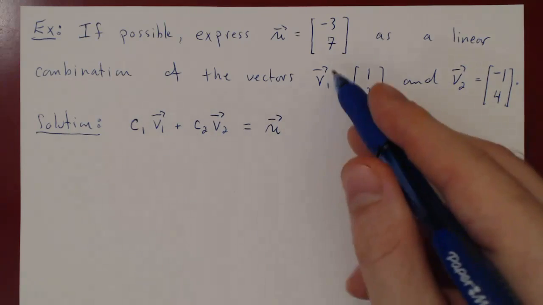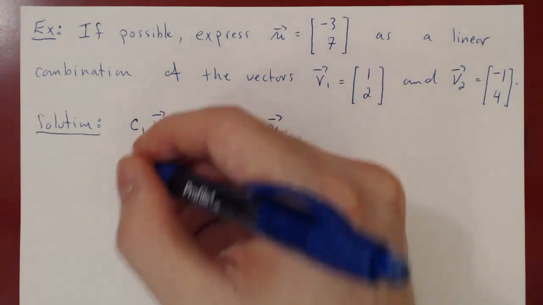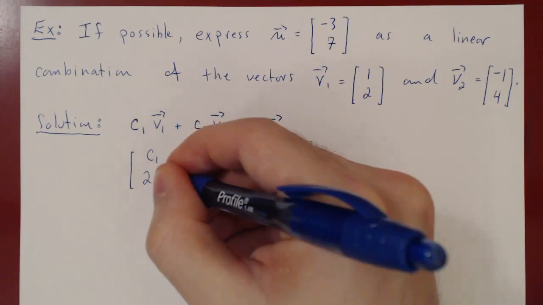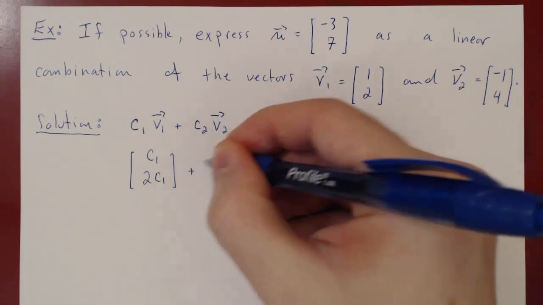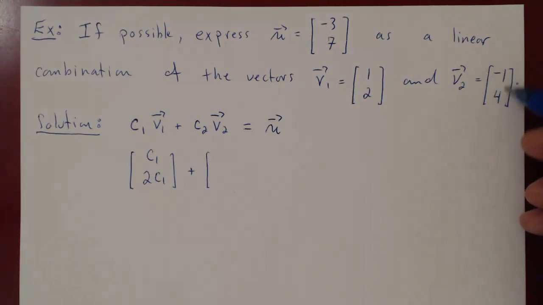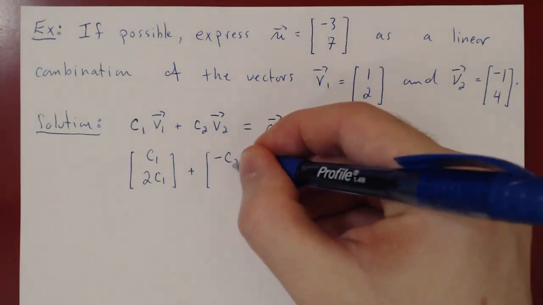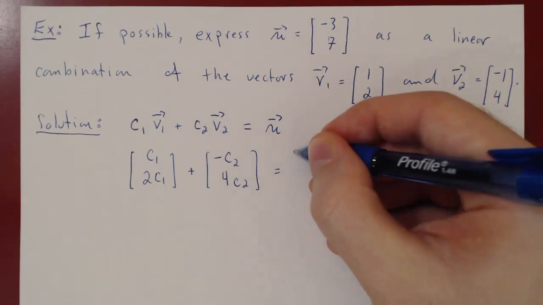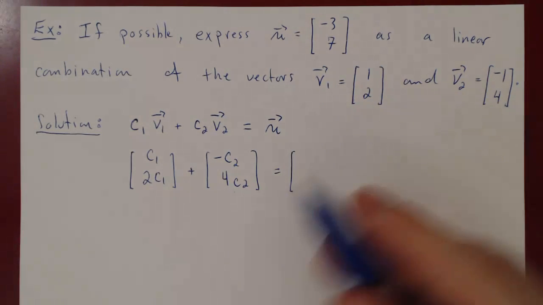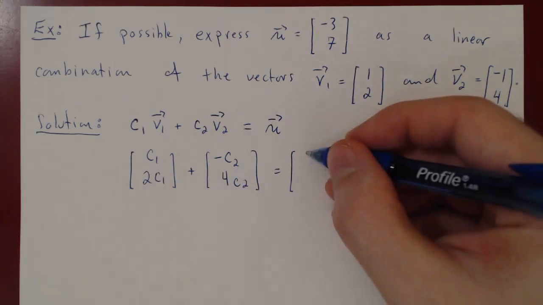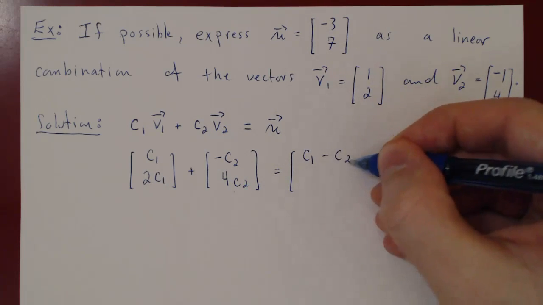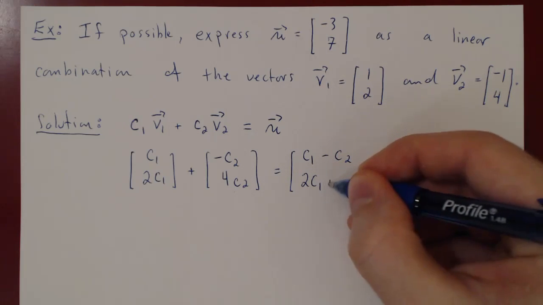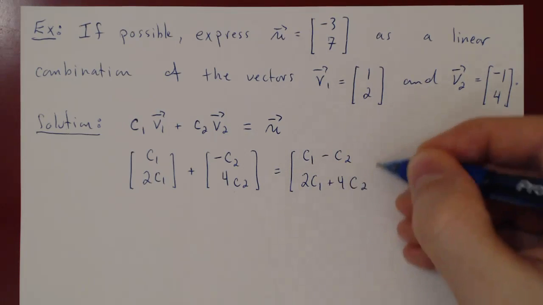But let's compute c1 times v1. This will give you the vector c1, 2c1, plus c2 times v2 will give you the vector -c2, 4c2. If you add those two vectors up, you will get c1 minus c2 as the first entry, 2c1 plus 4c2 as the second entry.